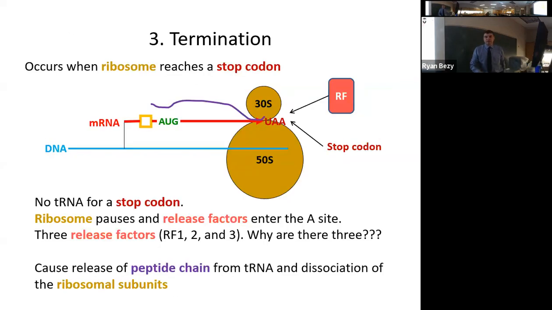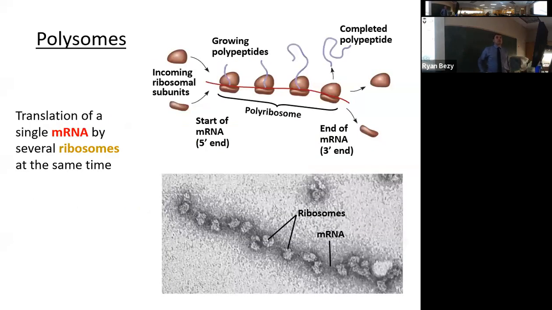Now, there's a couple other things to keep in mind, especially when it comes to prokaryotic translation. First off, prokaryotic translation is typically going to take place as big complexes called polysomes. In a polysome, you have translation of a single messenger RNA by several ribosomes simultaneously.